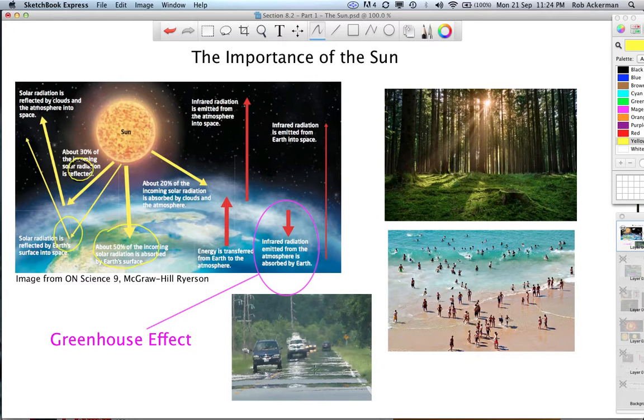It makes it look like there's water even though there isn't. But the point I'm trying to get at is that the ground gives off that heat back up into the atmosphere. So that's what this arrow is showing over here.